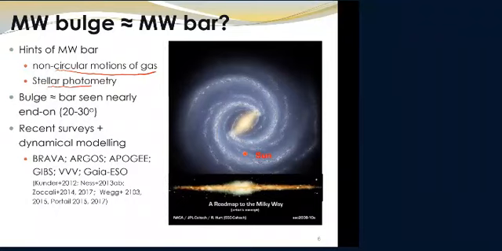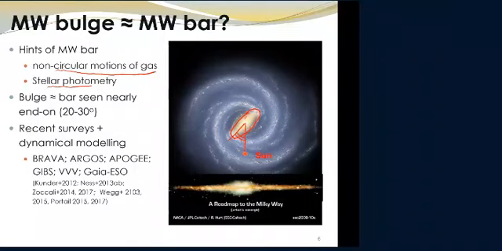So we now think that the bulge is probably the bar seen nearly end on. The angle between the Sun-Galactic Center line and the bar major axis is about 20 to 30 degrees.